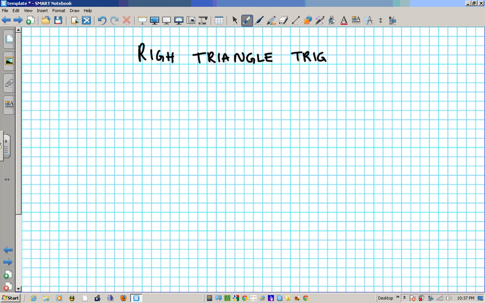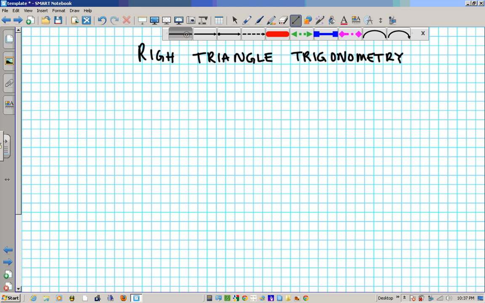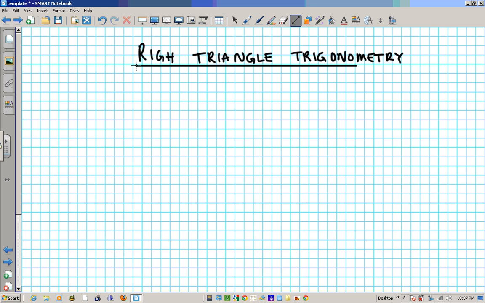We're going to make use of the formulas we just went over and apply them to three problems. Let's spell "right" correctly. Right triangle trigonometry. Alright, let's consider the first example.